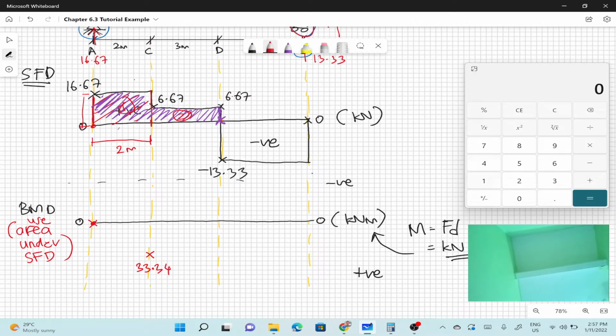So that is 16.67 times 2, plus 6.67 times the distance, which is 3 meter. 6.67 times 3 is 20.01, plus this area I have calculated, which is 33.34, and that would be 53.35. So we're going to have it here.